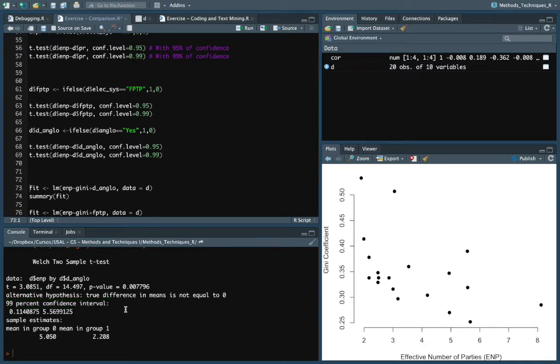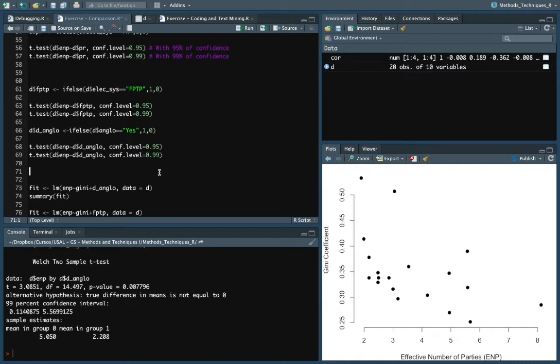So, wow, I have a problem. I have a Houston now. What is the real cause? On the one hand, I have the FPTP, the first past the post, that is significant, and I also have the Anglo-Saxon variable, and they both are significant.